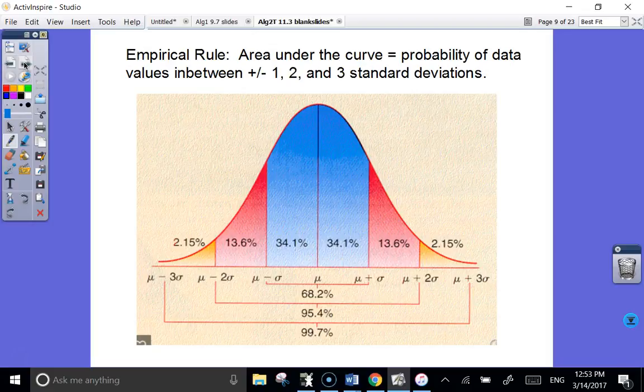Between two standard deviations, left and right, you get 95, 95.4%. And between -3 and +3 standard deviations, 99.7% of the area under the curve is between those two. So what percent of the data is not between -3 and +3?